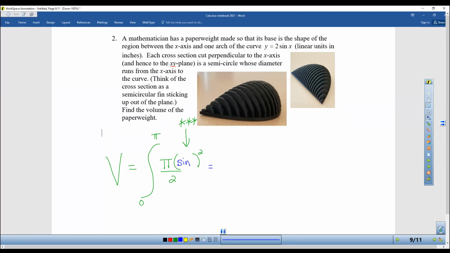So I can go ahead and take my pi out and my half out, and I do have sine squared x.